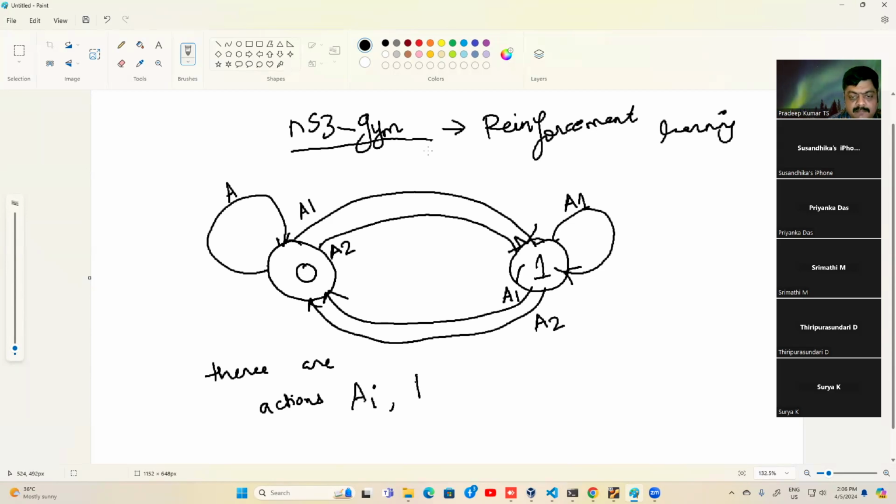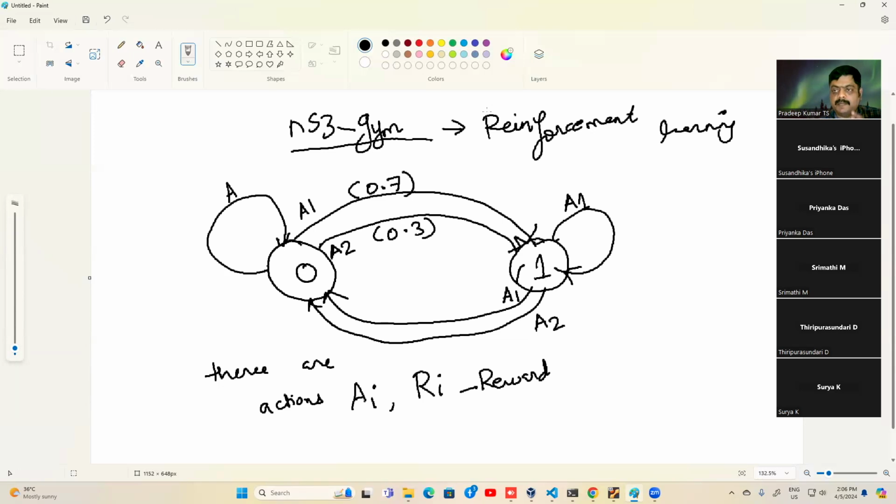Then we have reward Ri. Ri is the reward. For every successful transition, we will have a reward. So let's say for action number 1 the probability is 0.7, then for action number 2 it will be 0.3, so the total probability is 1.0.